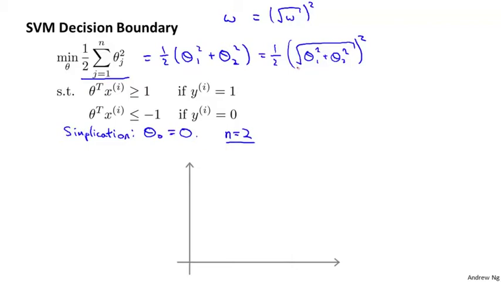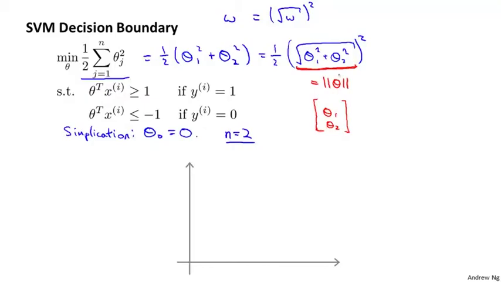And what you may notice is that the term inside the parentheses is equal to the norm, or the length, of the vector theta. If we write out the vector theta like this, theta 1, theta 2, then this term that I've just underlined in red is exactly the length, or the norm, of the vector theta, following the definition of the norm of a vector that we had on the previous slide.